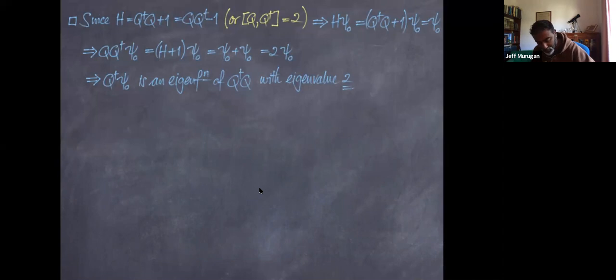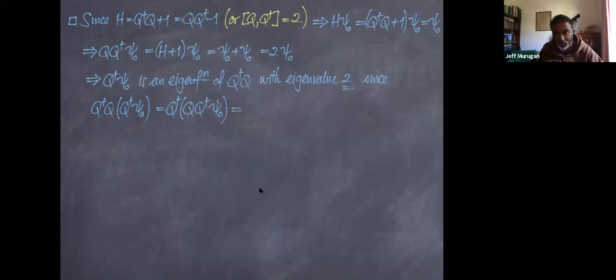Because if I operate with Q dagger Q on Q dagger psi naught, this is just Q dagger acting on Q dagger acting on psi naught.